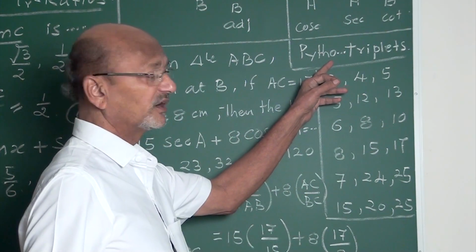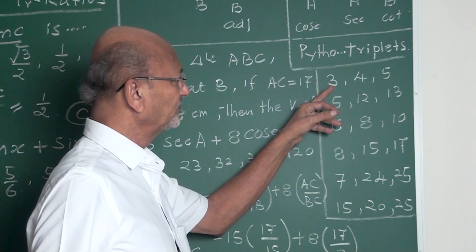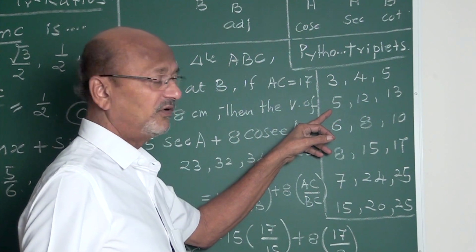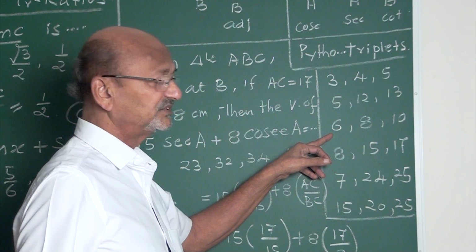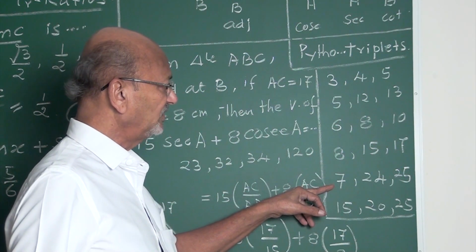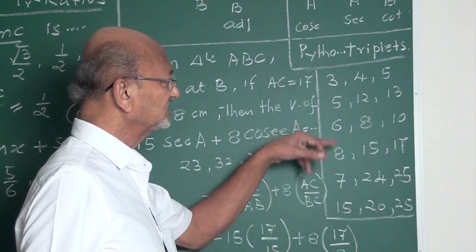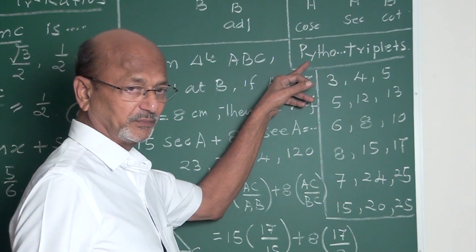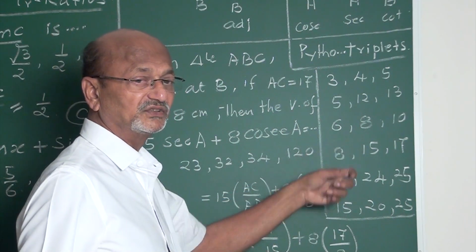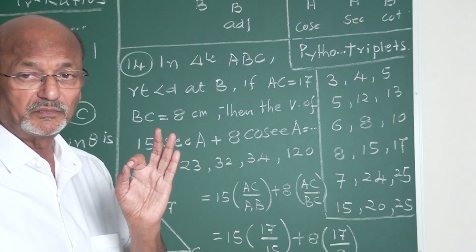These are called Pythagoras triplets or Pythagorean numbers. 3, 4, 5, they satisfy the Pythagoras theorem. 5, 12, 13, 6, 8, 10, 8, 15, 17, 7, 24, 25, 15, 20, 25. These are known as Pythagoras triplets or Pythagorean numbers, my friends. If you remember these, you can save time, especially in multiple choice questions.